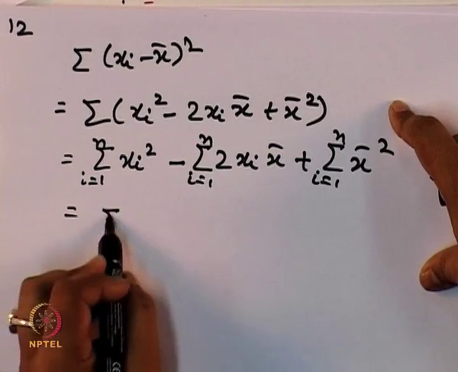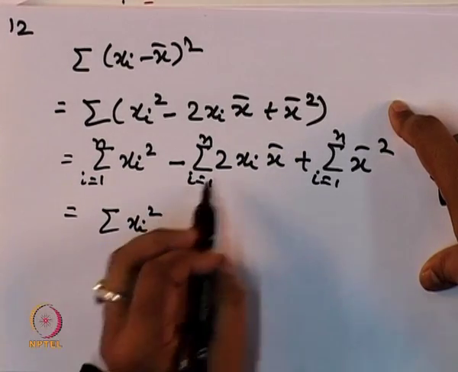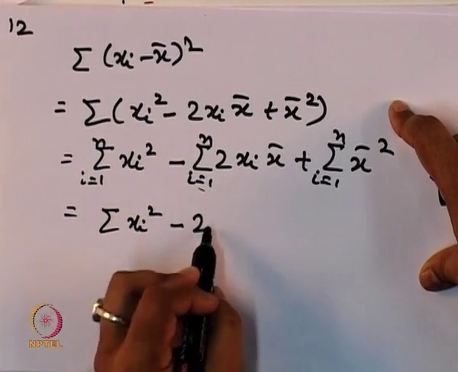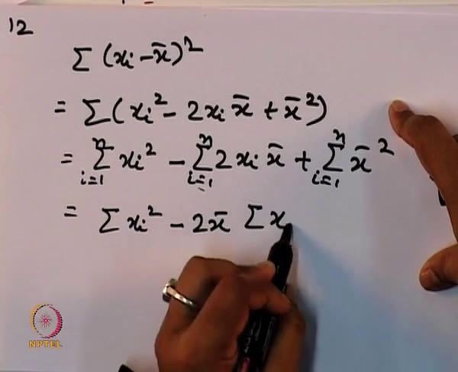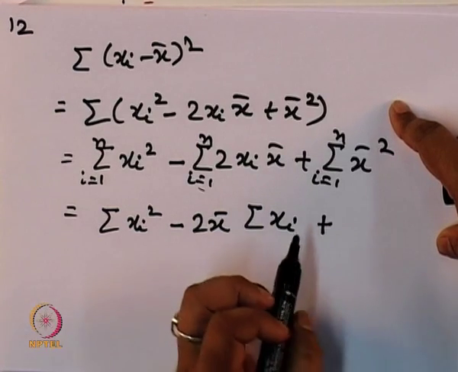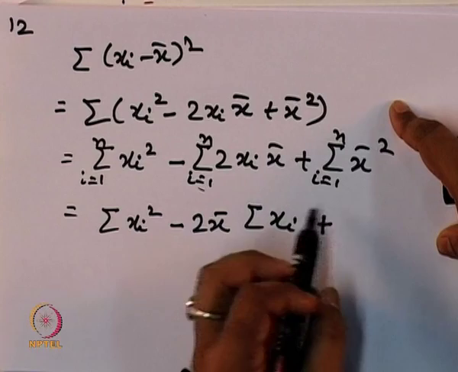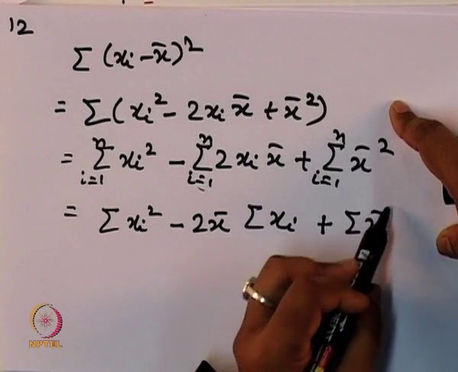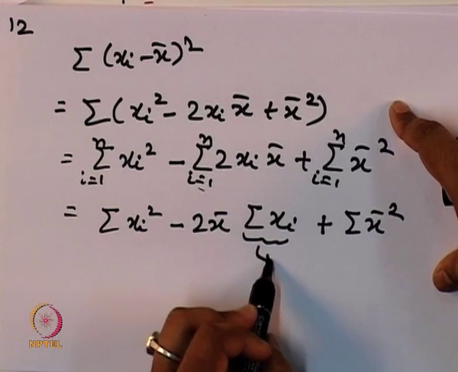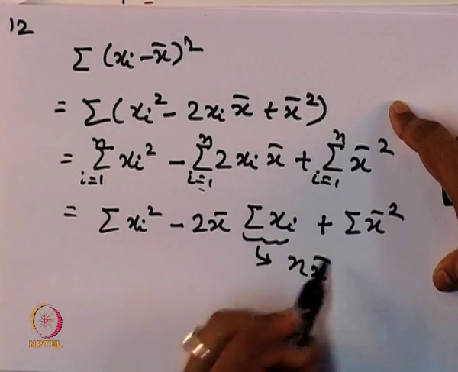So this remains as summation xi square, but in this particular term, since x bar is the mean, I can take it out. So I can take out 2 x bar summation xi, and I can write plus summation x bar square. Okay, so summation xi is nothing but n times x bar.